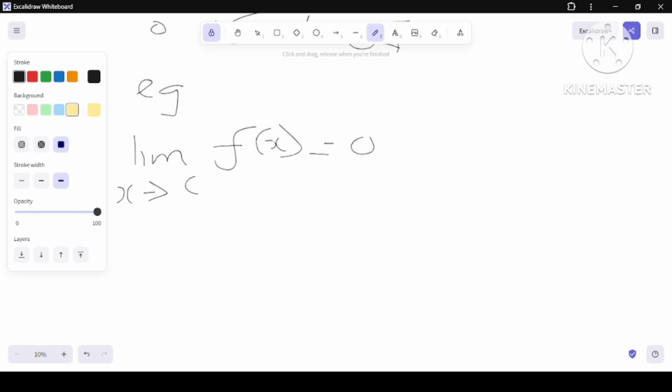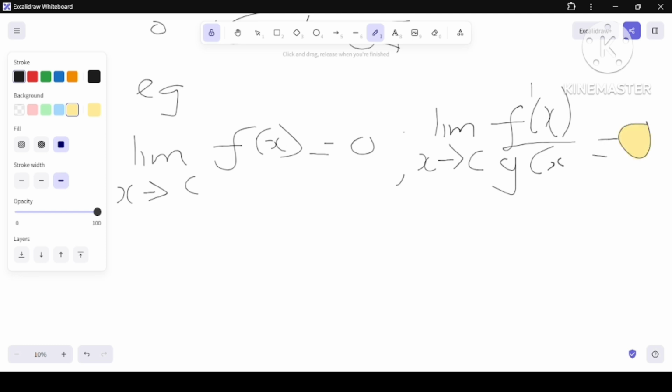The next example is the limit of f prime of x all over g of x as x approaches c is equal to 0. These are examples of functions that can give us an undefined answer.